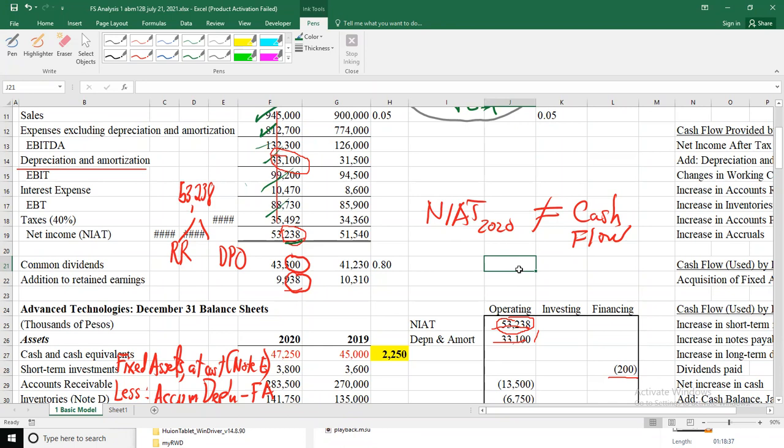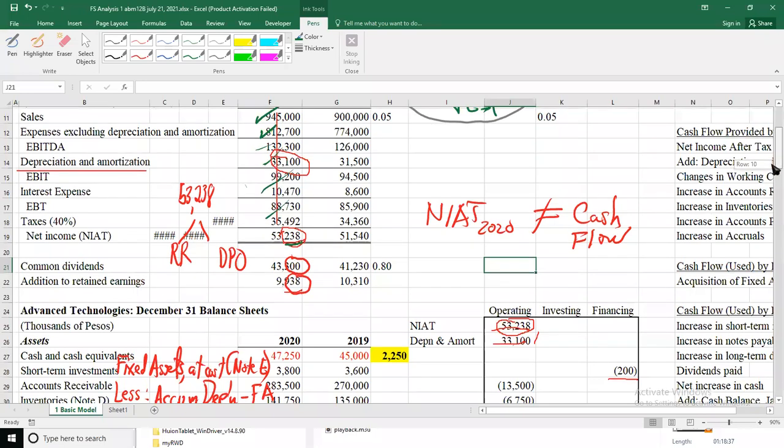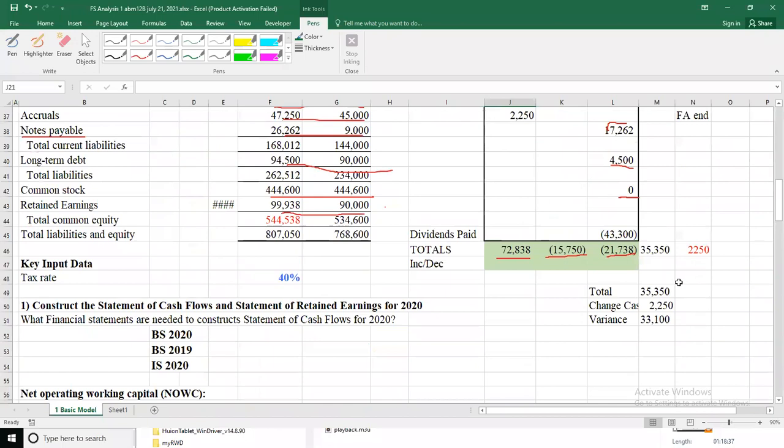Sa 2250. Saan yung 2250? Sa baba. Okay, Ava, I got it. 35. Ay, oo nga. Nakalimutan ko, so 35, ito, 2250. Ay, may variance tayo. Overstated tayo.